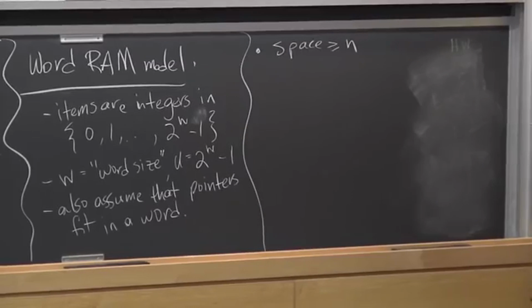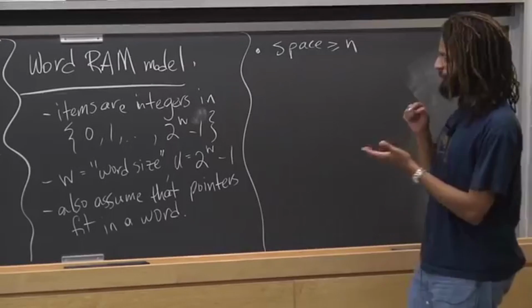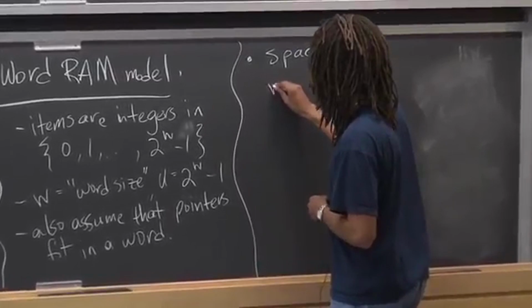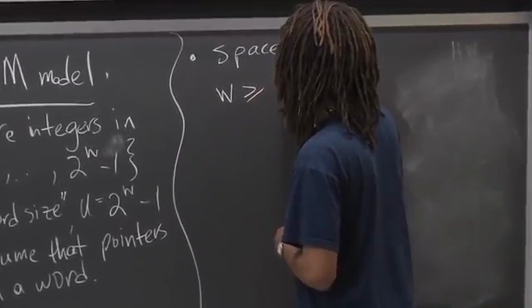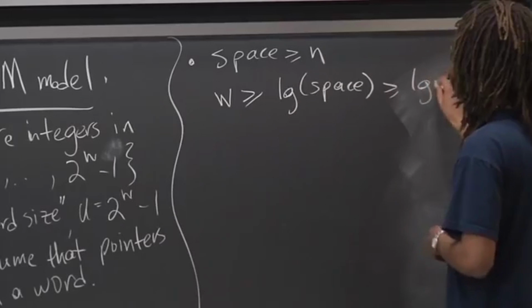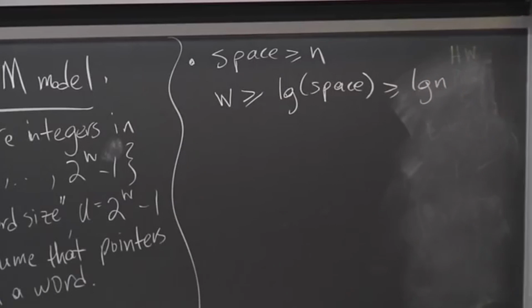And if a pointer fits in a word, well, a pointer is an address into our space. So w should be at least log of the space, which we just said is at least log n. So we're always going to assume that our word size w is at least log n.